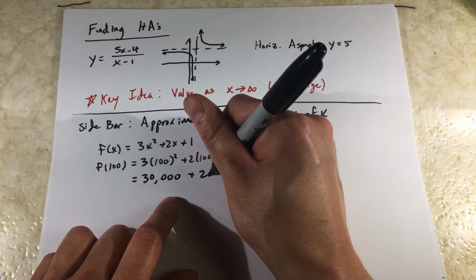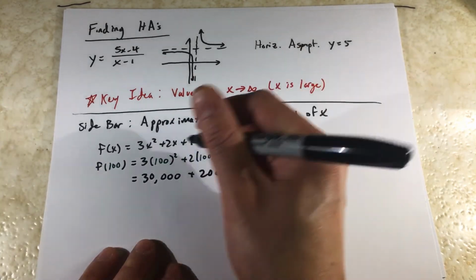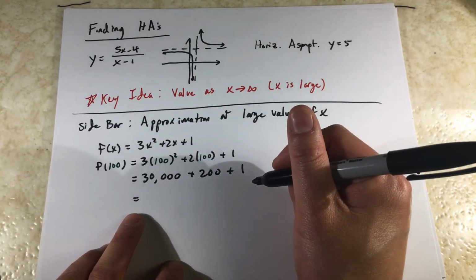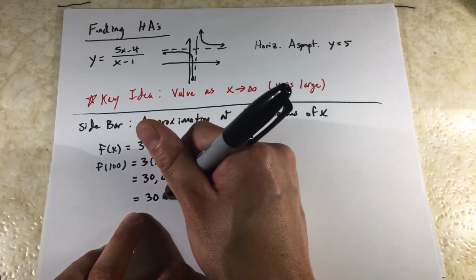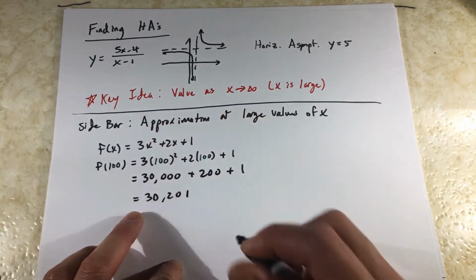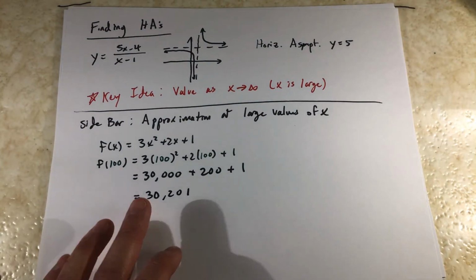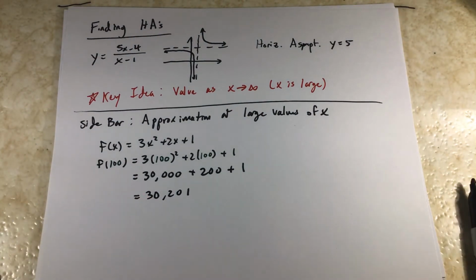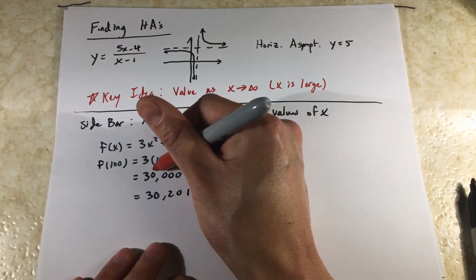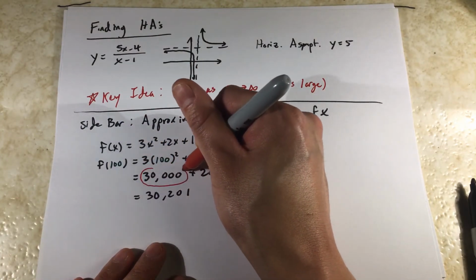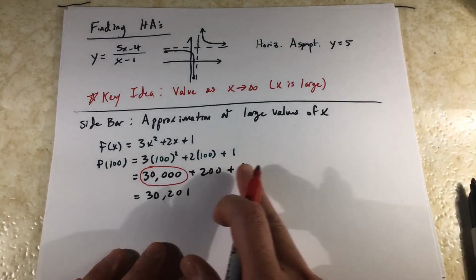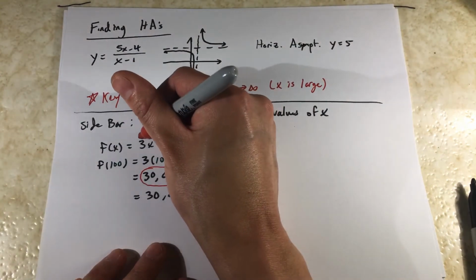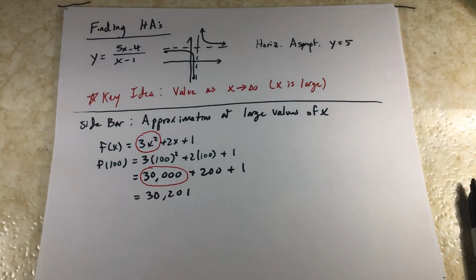This is 200, and this is 1. So when we calculate this, it's 30,201. One of the things you look at here is which of these was most important. It's that 30,000 that is way more important than these other things, and that basically comes from the 3x squared.